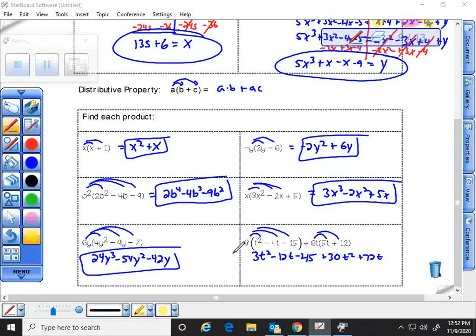Combining your like terms, 3t squared plus 30t squared is 33t squared. Combining your t's is going to be minus 12 plus 72 is a plus 60t, and then minus 45.